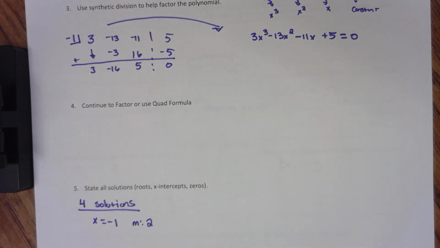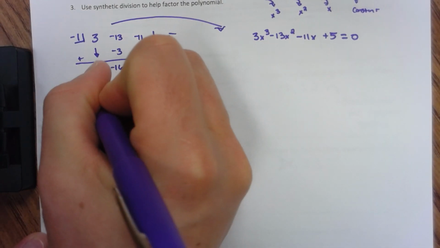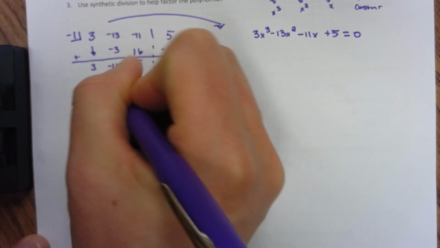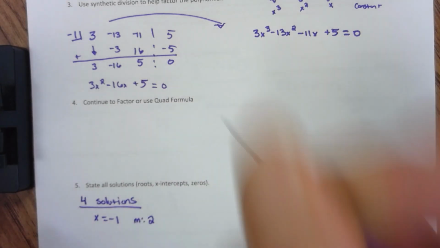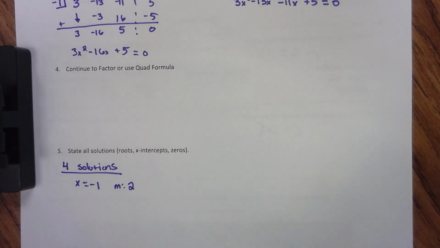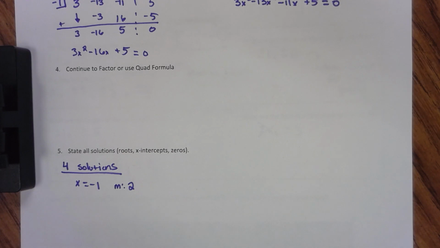The remaining polynomial is 3x squared minus 16x plus 5. And we need to figure out where that equals 0. And in your groups, I'm going to have you all figure this out and find our last 2 solutions from there.